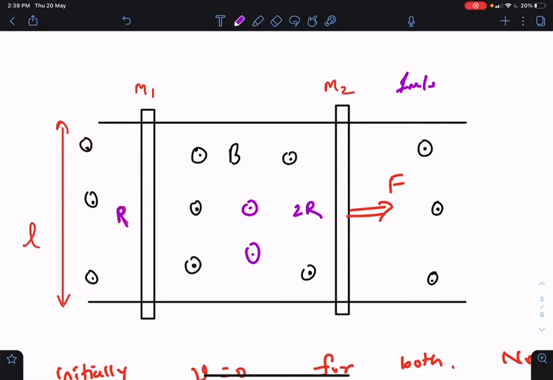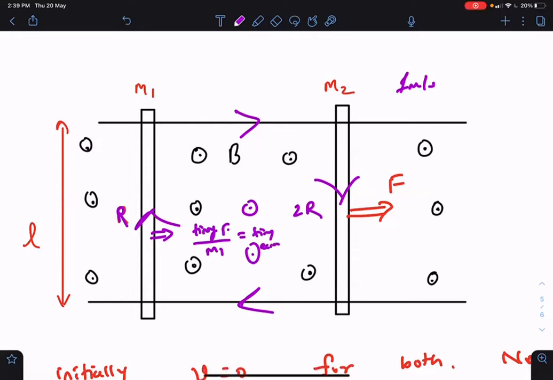With a tiny velocity, there is a tiny EMF, and because of tiny EMF, there is a tiny current. This tiny current will apply a tiny force on M1, and this tiny force on M1 divided by M1 will give it a tiny acceleration.